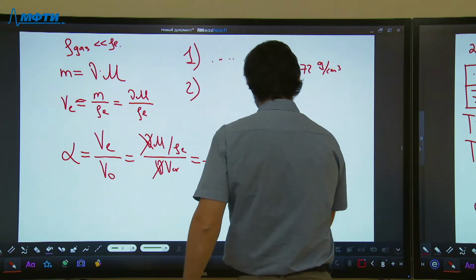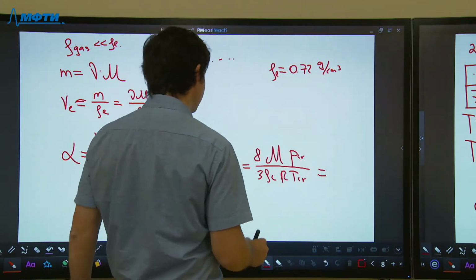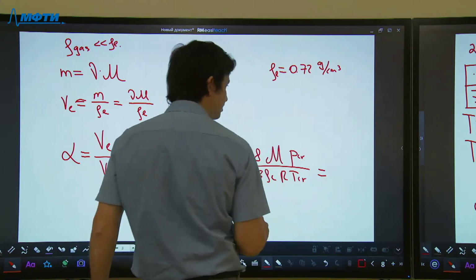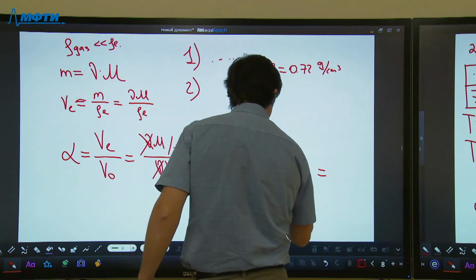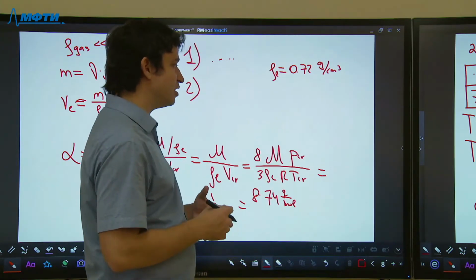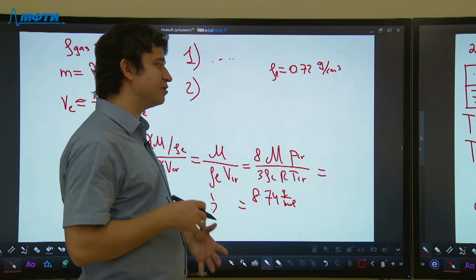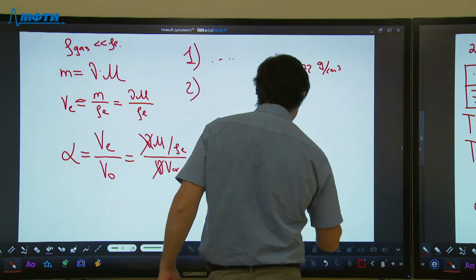So now I need to plug everything in. So that is 8 times 74 grams per mole. I keep the dimensions because I have not transformed everything into SI units, so I need to be careful with these dimensions.